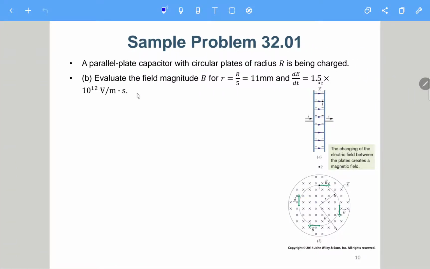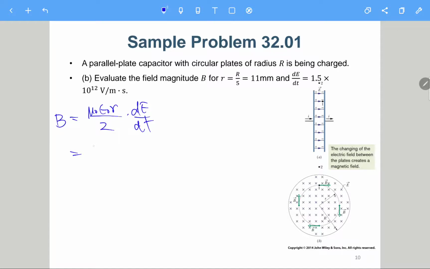So next, evaluate the field magnitude B for r equals capital R over 5, and dE dt equals 1.5 times 10 to the 12 volts per meter second. So B should be mu naught epsilon naught r over 2 dE dt, and then we just substitute the values.